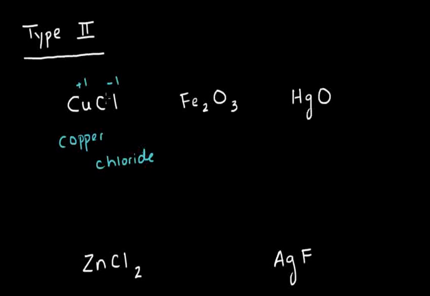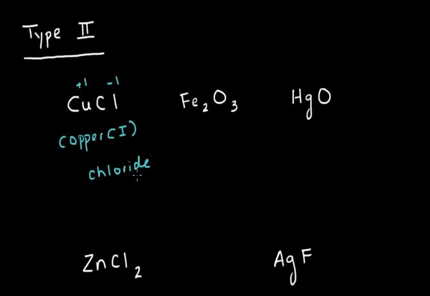But the problem is copper doesn't always only lose one electron. Sometimes it loses 2 and takes on a charge of +2. Sometimes it loses 3 electrons and takes on a charge of +3. So you can't just call it copper. You actually have to specify. So this compound is called copper(I) chloride.